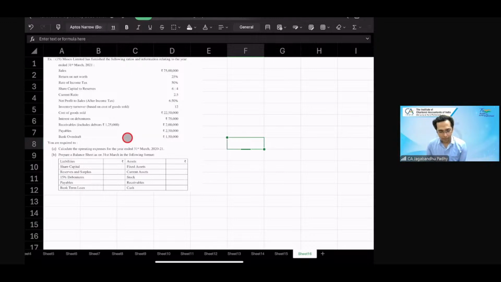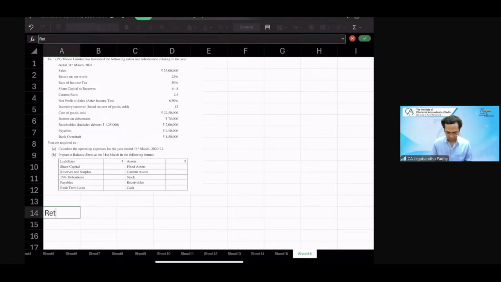Now, if you look at the first number, we have the sales figure and we also have the net profit to sales, which is the after tax figure. Now, rate of tax is also given, 50%. So we can simply start with the formula of return on net worth.